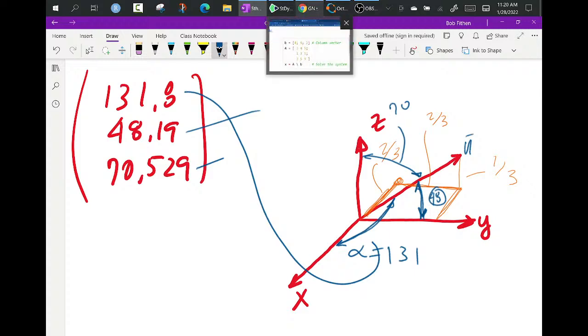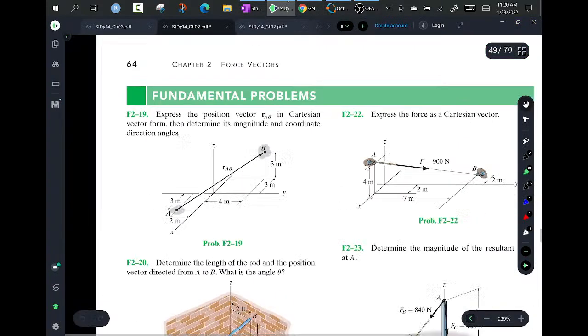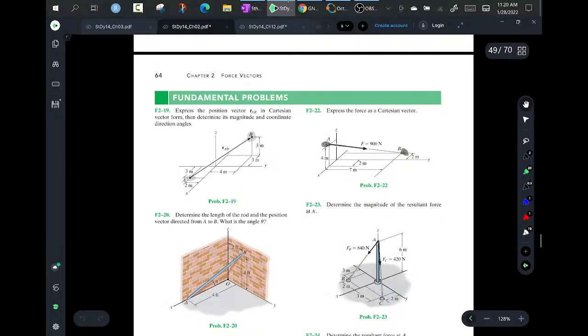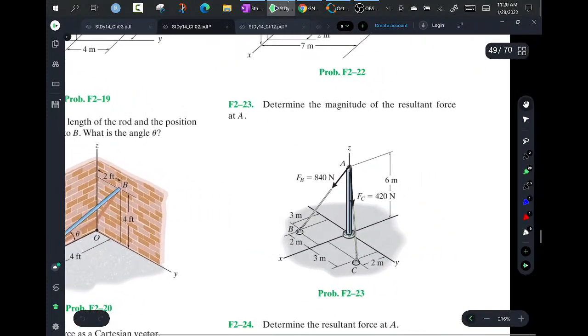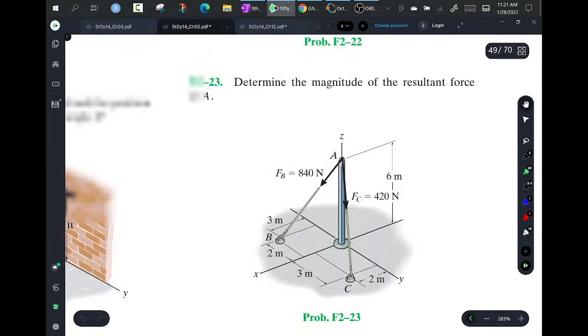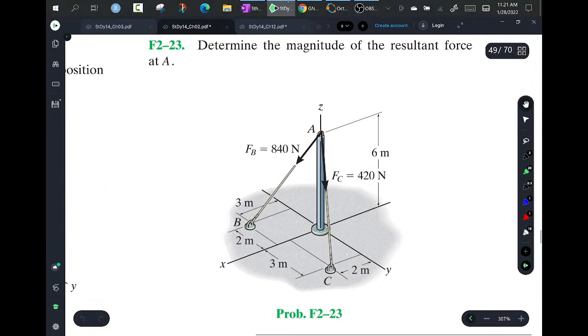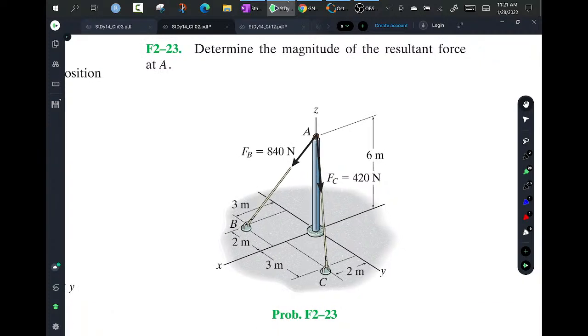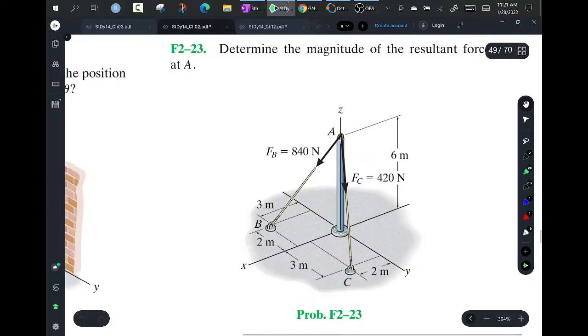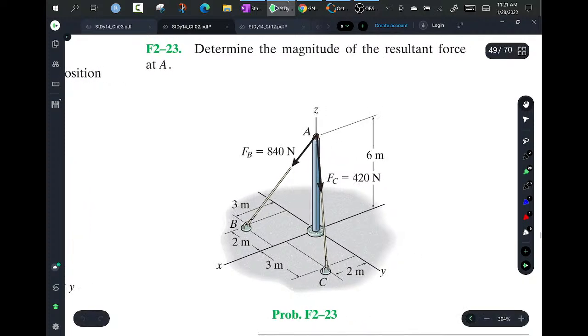So let's head off and do one more, but this one we'll do with 2 vectors. So here's 2 vectors sitting here. Okay, so the picture itself is fine. I don't know that I really need the words up here. It just wants to find the resultant force.